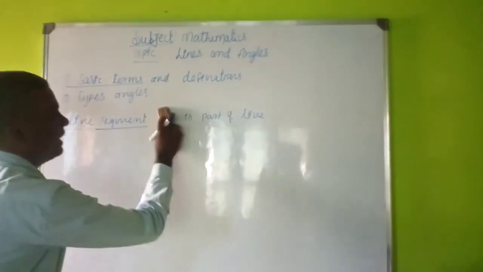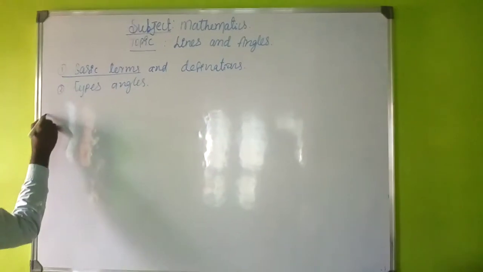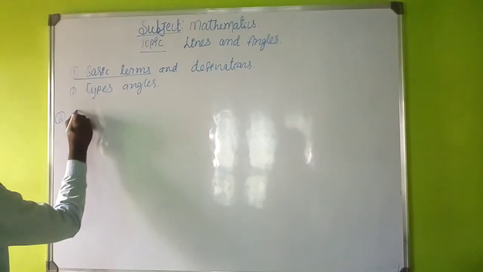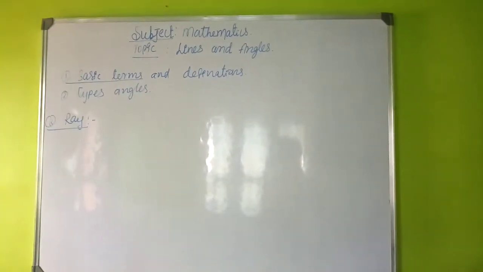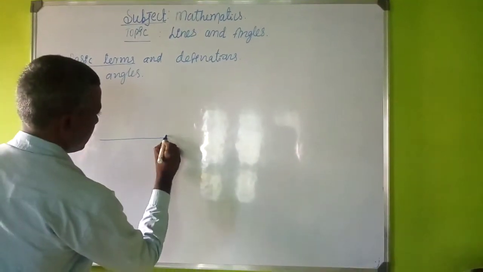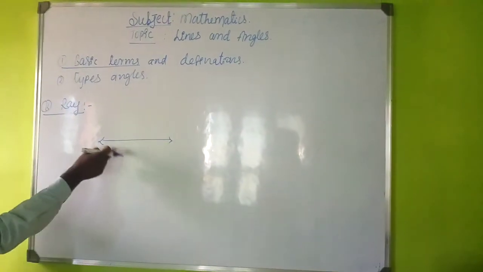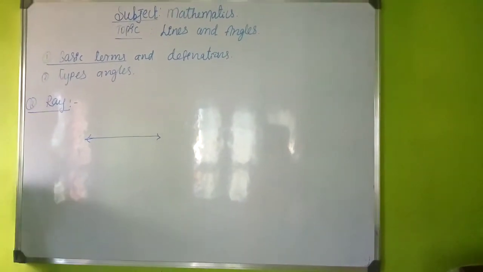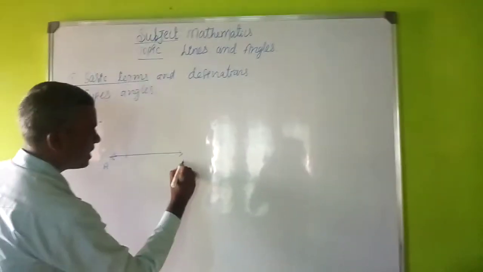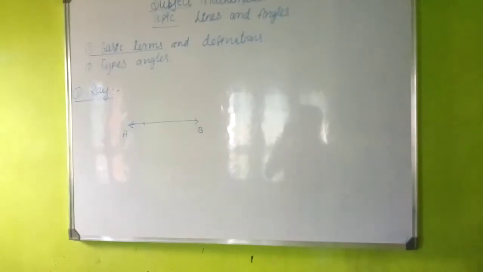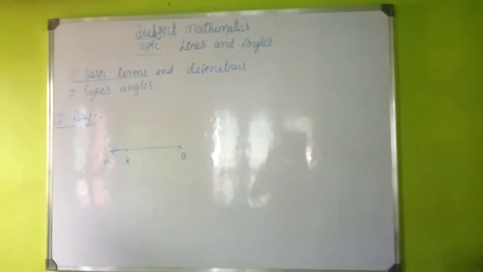It is ray. Third one, it is ray. The third basic term is ray. So it is also a part of a line, but only on one side there is an end. There is only one side with an end. So that is called a ray.